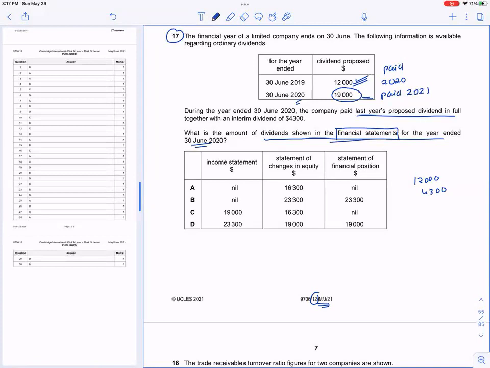Now listen to me. What goes in statement of changes in equity is the dividend that you have paid. Yes or no? Okay. How much dividend have you paid? 16,300. Okay, 16,300. So it could be either option A or it could be option C.